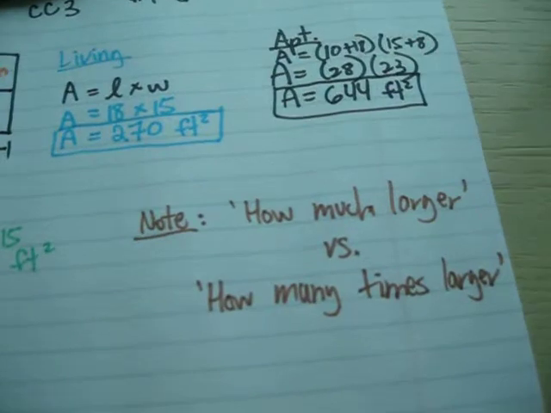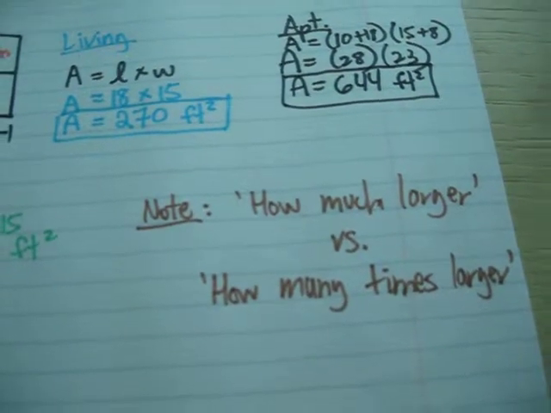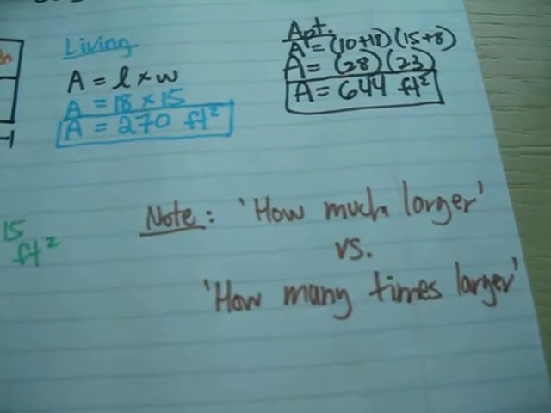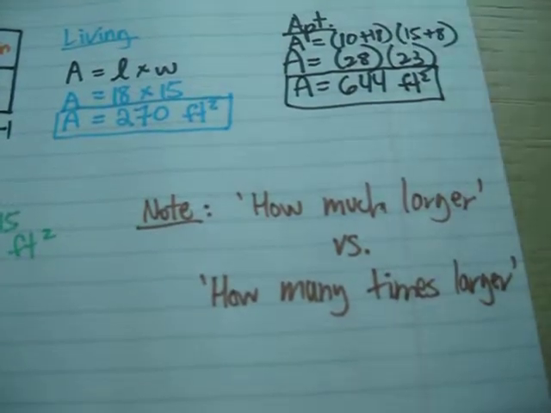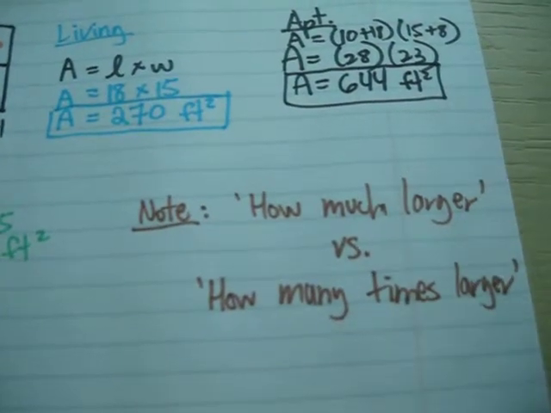Students, especially English learners, get this confused a lot. How much is the quantity? How many times is the product or the division problem?